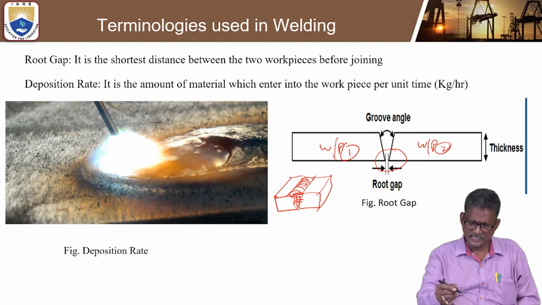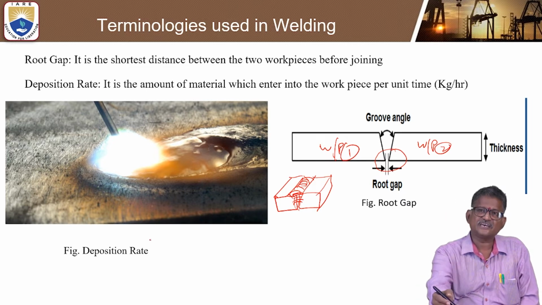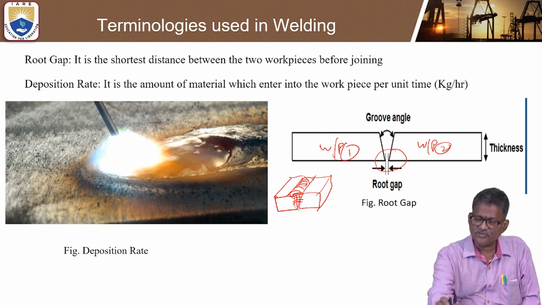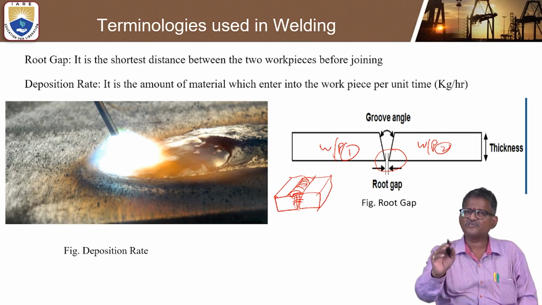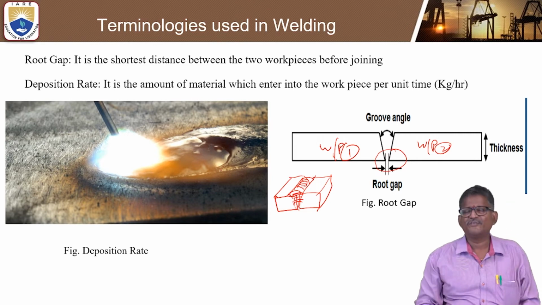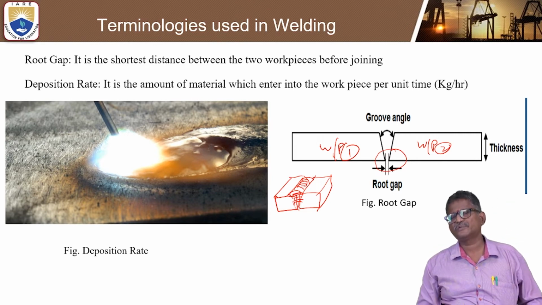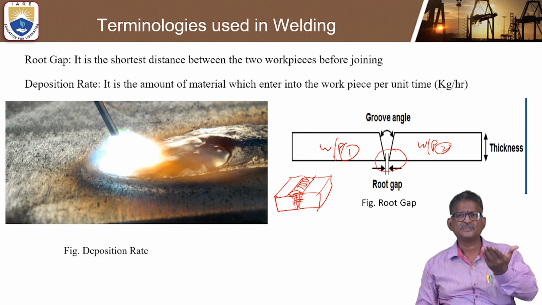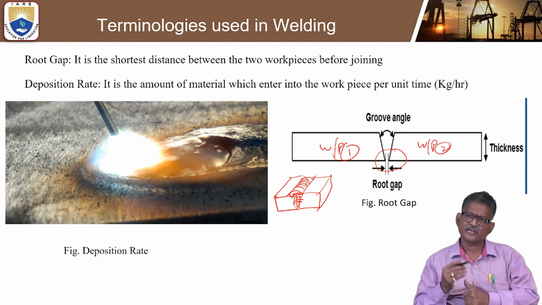So in the 3D diagram, how the deposition rate occurs, you can see the flux coating will come out. Within a fraction of time it becomes very hard, and it is heated, and by the time solidification takes place, it gets more strength.